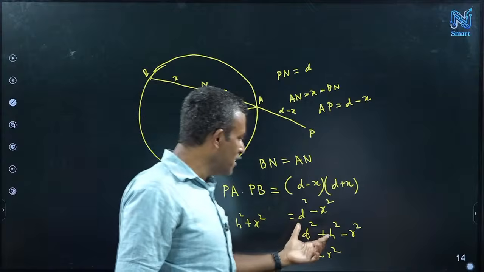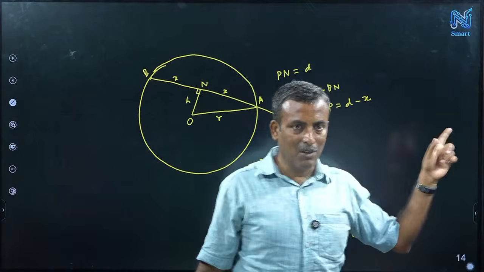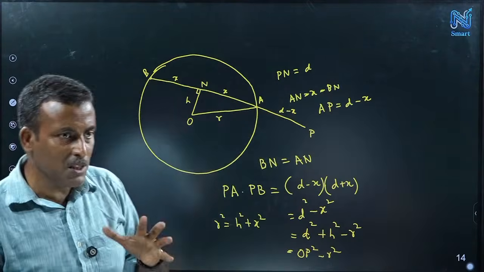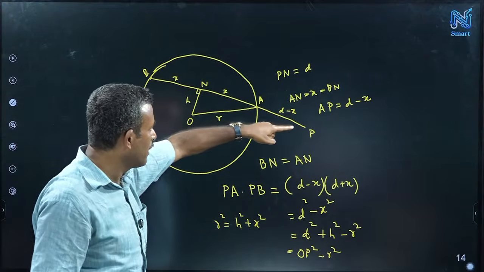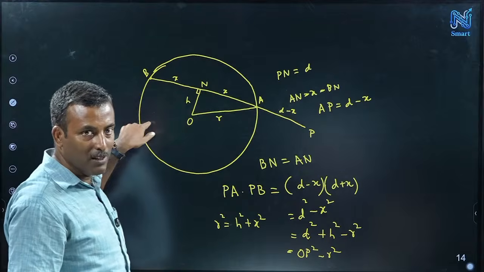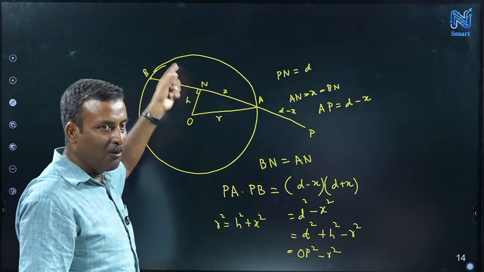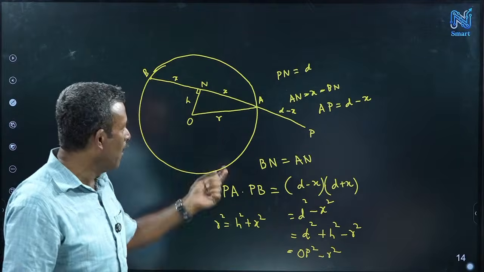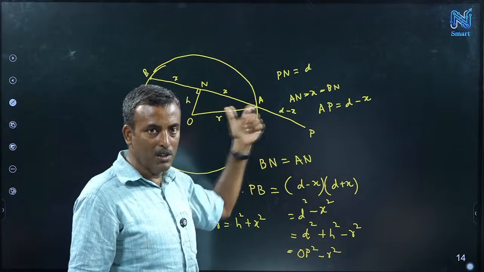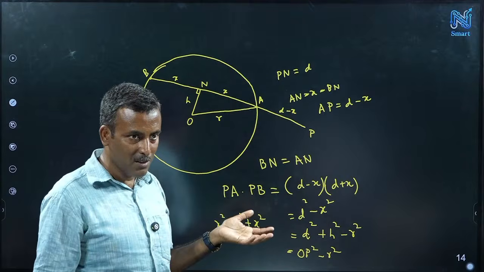So this proof has an extra advantage over the previous proof. In the previous proof we just proved one product equal to the other product, but here we do not take two lines, we take only one line, and we show that the product is nothing but OP square minus R square. O is a fixed point, P is a fixed point, so OP is fixed, R is also fixed.